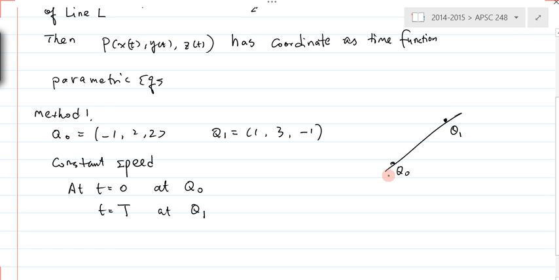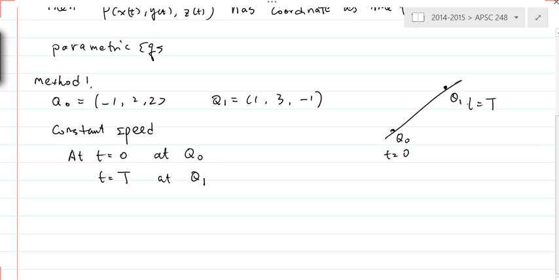So at t equal to 0, and at t equal to capital T at here. Okay, and at t equal to small t, of course, at any other time, we're at that point P. So you give a different t, a different point P.